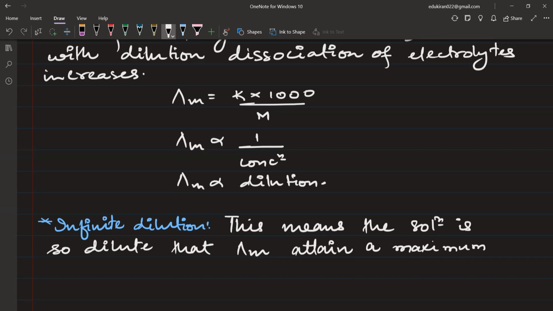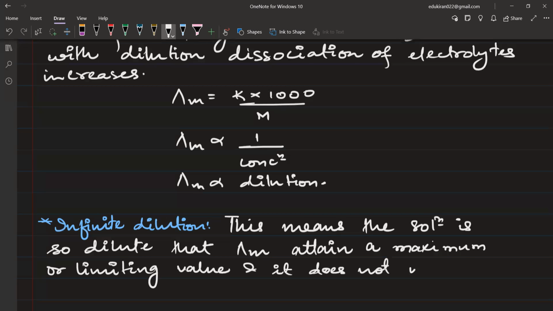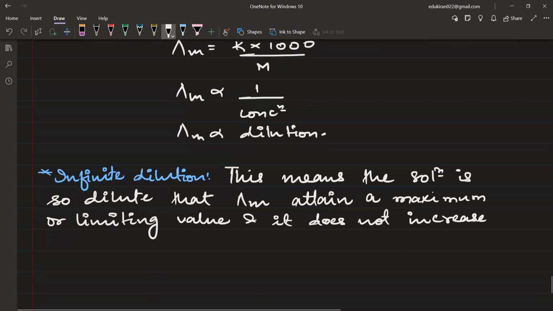So lambda m attains a maximum value, or we can also say limiting value, and it does not increase with further dilution.